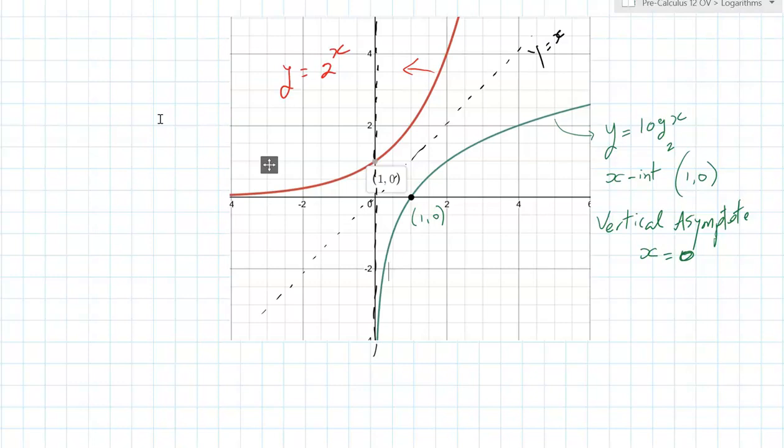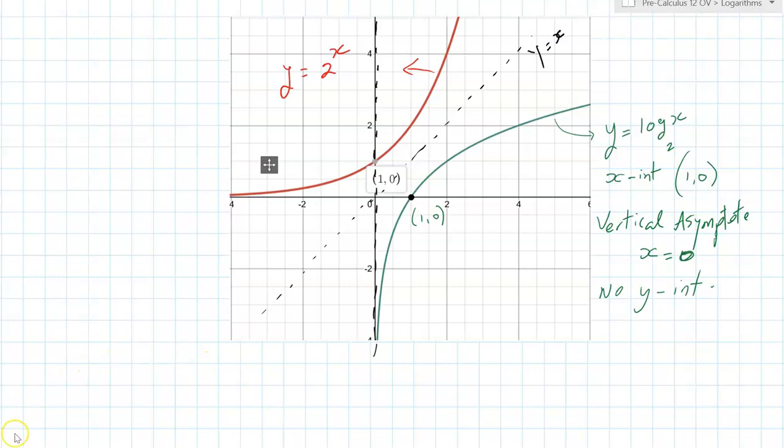You flip over y equals x, and either function, exponential or logarithmic, maps to the other. Remember, there is no y-intercept for the logarithmic function.